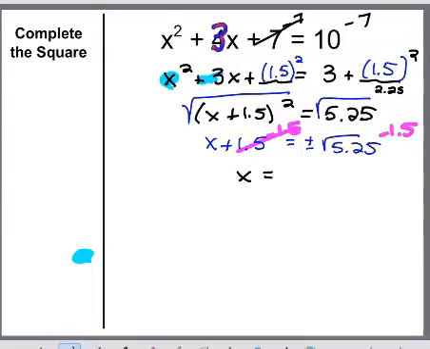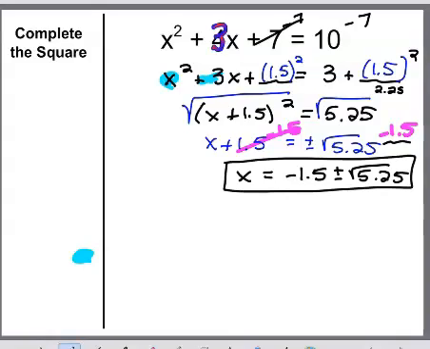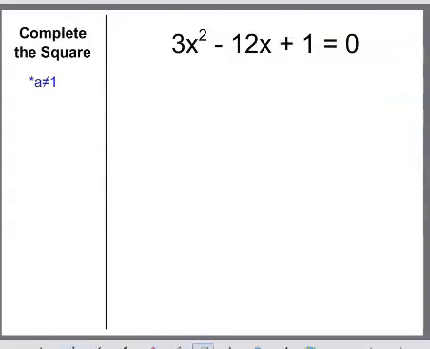And again, I like to put this negative 1.5 in front. And that's typically when we do the conics, we'll usually have the number plus or minus the radical. It's not wrong to have the radical first, but it's just more convenient if we're actually trying to find what the solutions are.